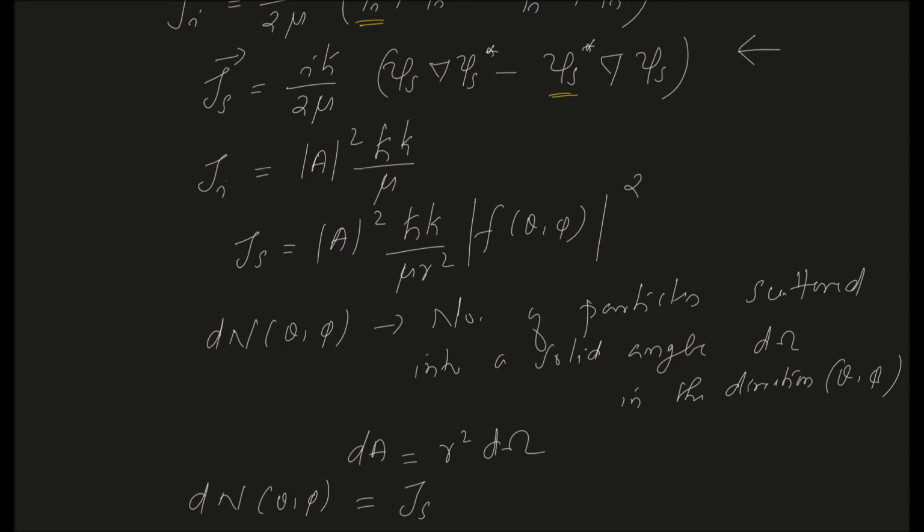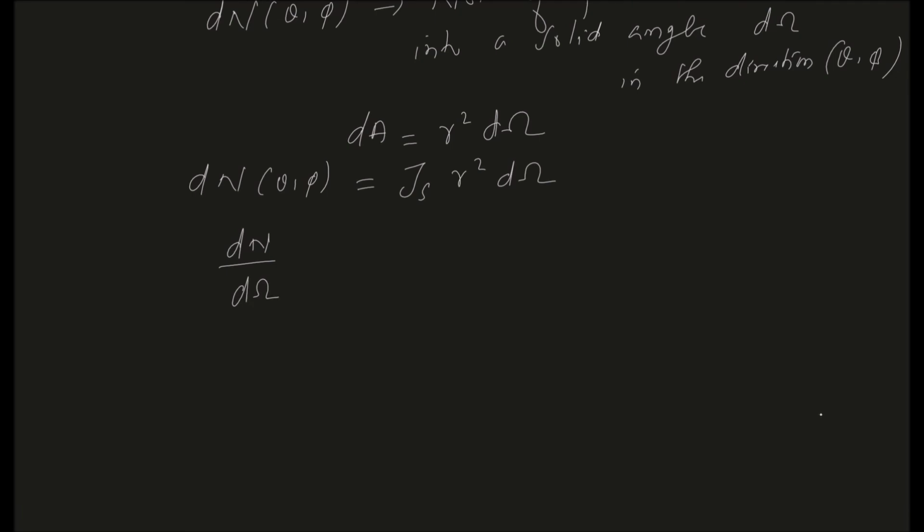Since we know the scattered current density, this is basically Js r square into d omega, or you can write dn by d omega is equal to Js into r square, and if you substitute for Js, this will become modulus A square h cross k by mu into modulus f of theta phi square.